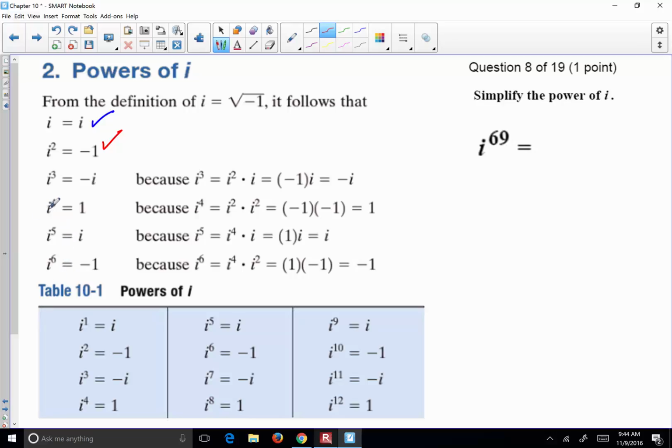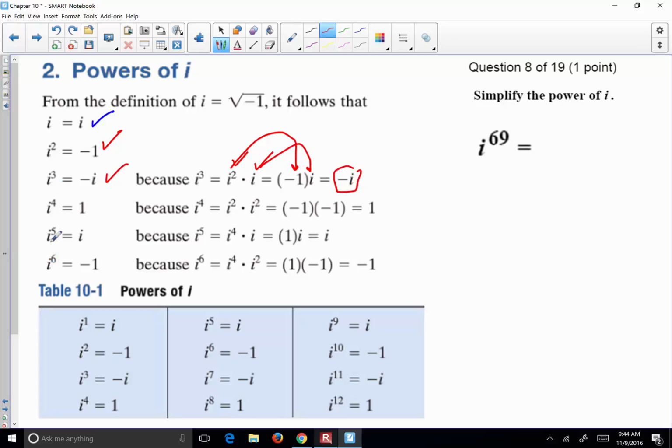So in your answer, when you do your computations, you may end up with i to the 6th. Connect Math is not going to accept that answer. You need to change i to the 6th and compute it. So this is the pattern that it's computed. i cubed is the square of i and one more i, right? 3 i's. We already know i squared is -1. Times i, and it turns into -i when you simplify.